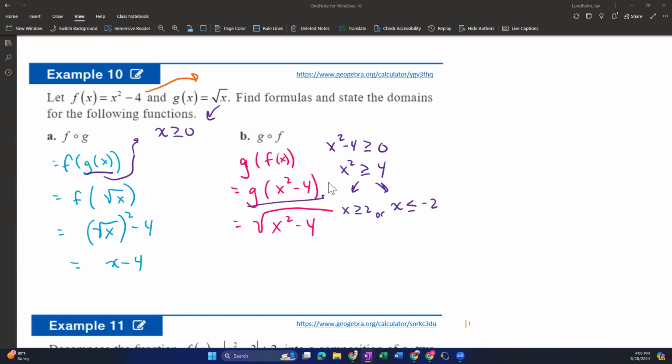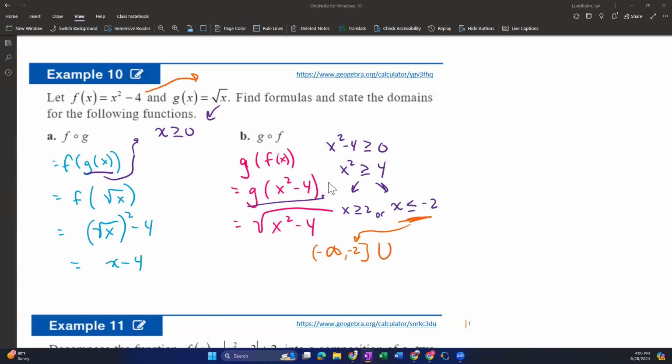And if we wanted to be fancy and write this in interval notation, because I think it's in the homework, we would start off with the one on the right, because that's actually the one that's smallest. So less than -2 means that we go from -infinity to -2, like this.